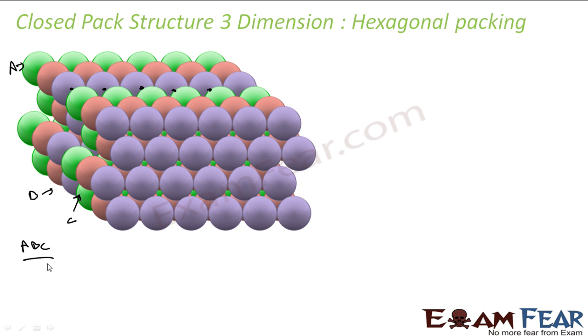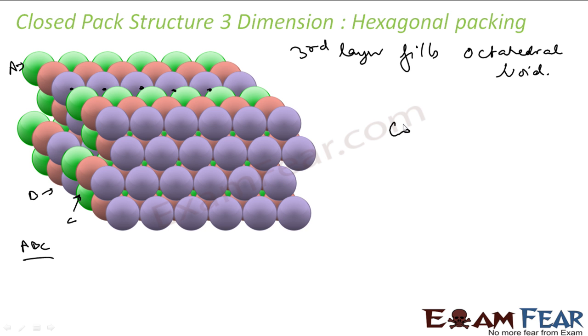Correct? Because the third layer now fills octahedral void here instead of tetrahedral void. Correct? So in this case, the third layer arrangement is different from first or second. So there is a different arrangement called C, so it's called ABC packing.